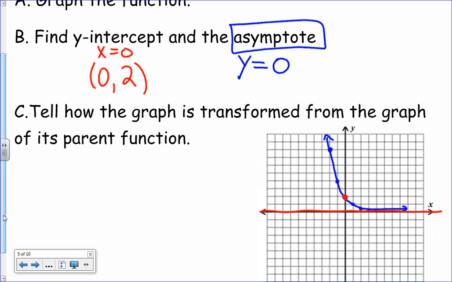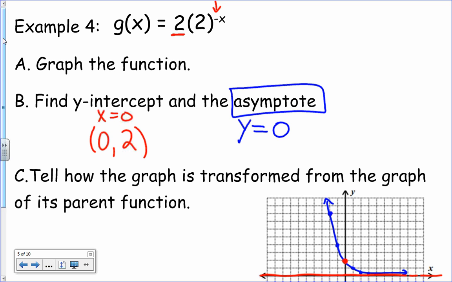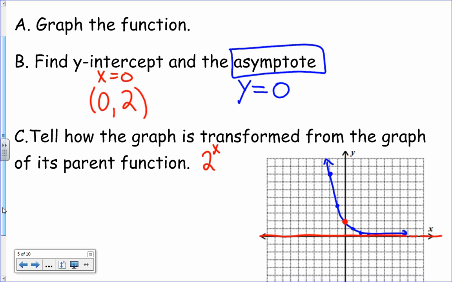Now, tell how the graph is transformed from the graph of its parent function. So if you look at this, the parent function would be 2 to the power of x. So there's some stuff done to it, and we already wrote it down. This 2 out front, it's being multiplied. It's outside, so it's multiplication. And the negative inside the exponent.